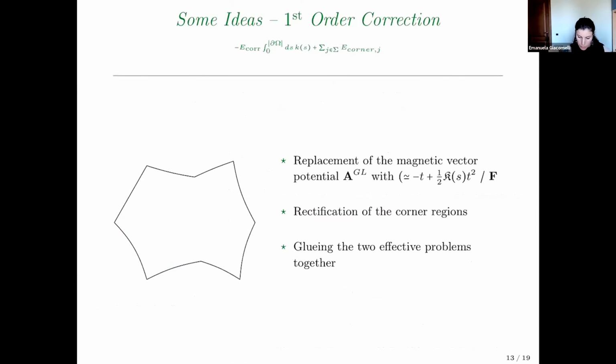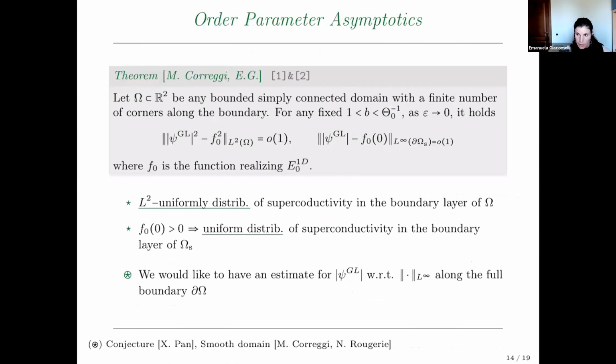So after that, what we want to do is to use our result to prove that superconductivity is surviving close to the boundary. And so what we should prove is an order parameter asymptotics. In particular, using our energy expansion, if you look at the modulus of psi GL squared, which remember denotes the density of the Cooper pairs, then you can first have an estimate in the L2 norm: the difference in the L2 norm of the modulus of your minimizing psi with respect to this f0 squared is small in the limit epsilon goes to 0.